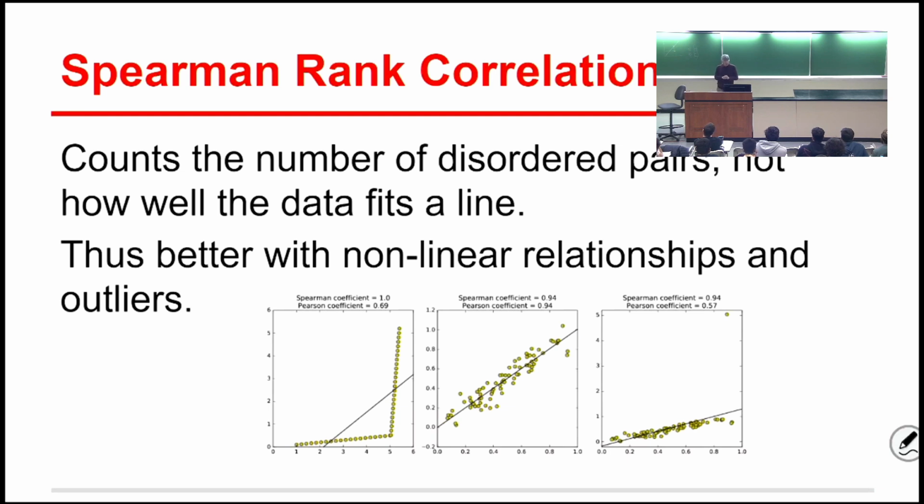Now, why is this different from the Pearson correlation? Pearson correlation has to do with a regression line fitting the data. Here we're just asking whether there is a positive relationship. Look at these points.